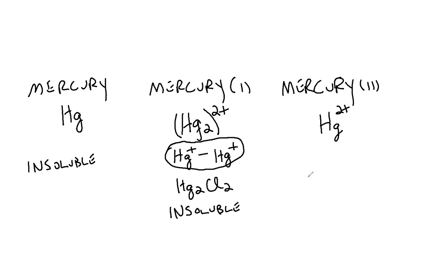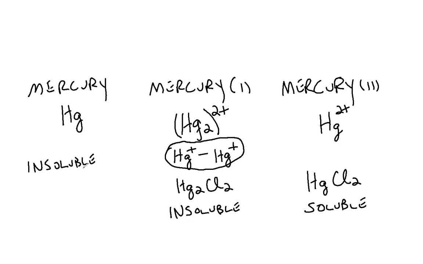If we have mercury Roman numeral 2 chloride, HgCl2, so this has 2 mercuries for 2 chlorides. This has 1 mercury for 2 chlorides. Chlorides are usually soluble. This is not an exception. This compound is soluble.